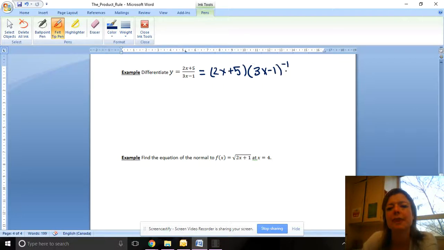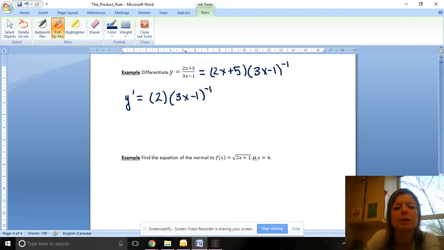You can take that denominator to the power of negative 1, which is the same thing as dividing it. So now when we take the derivative, y prime, we take the derivative of the first guy, so 2, times normal second guy, plus normal first guy.